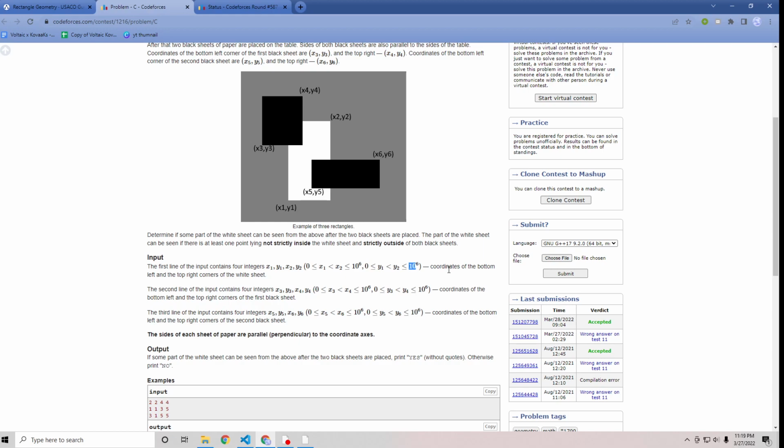It's up to 10 to the 6, which means in theory we could have a square with a height of 1,000,000 and a width of 1,000,000, so the total area would be 10 to the 12. That means we can't have an O of n answer where we go through each point one by one and check if it's part of the white square and not the black square.